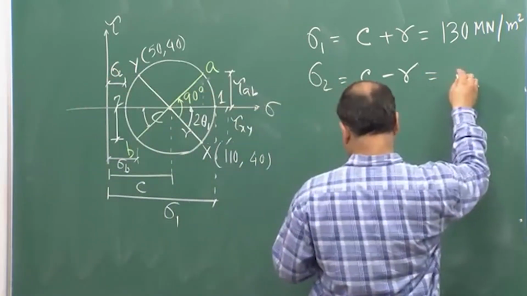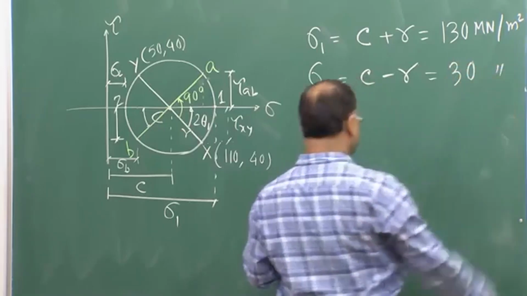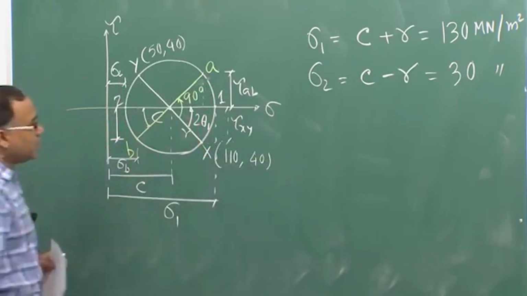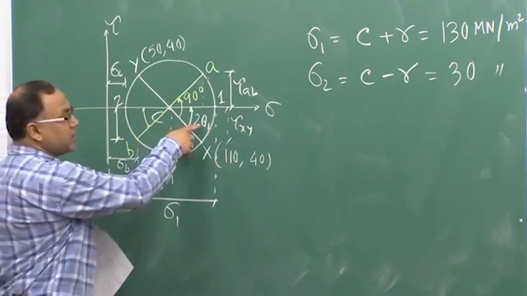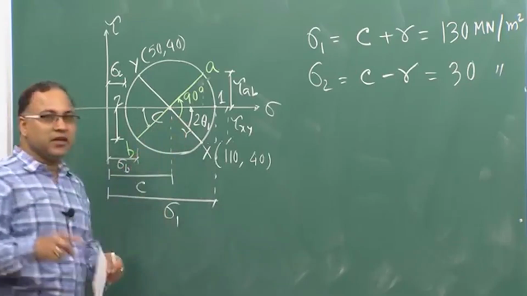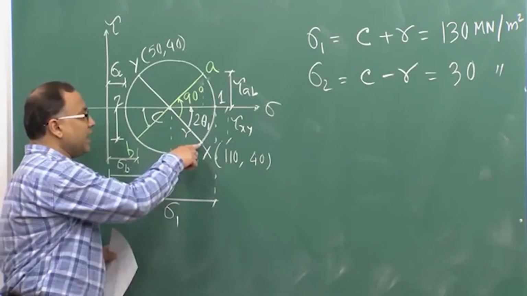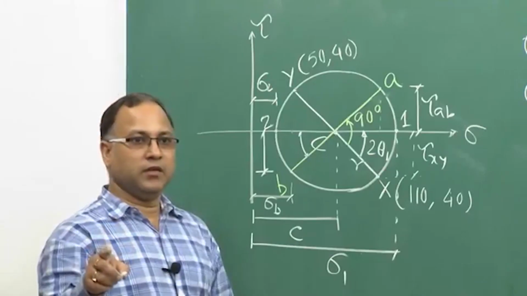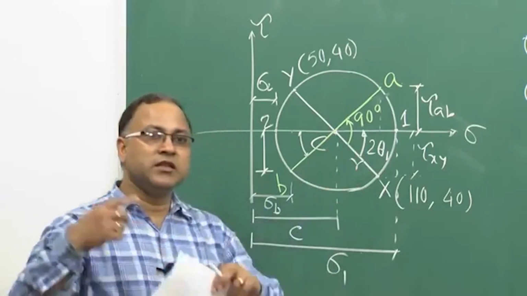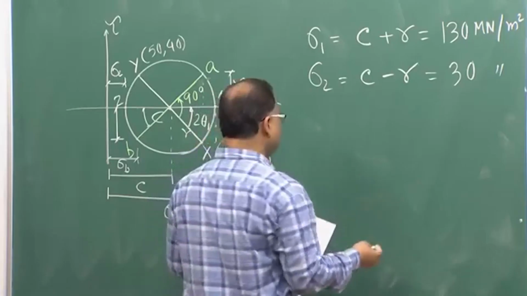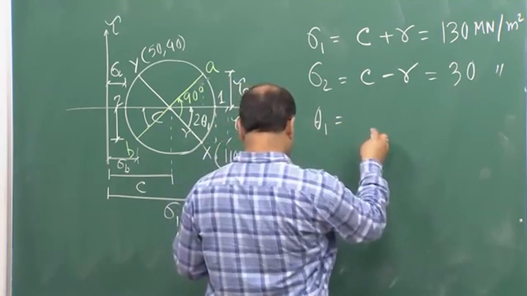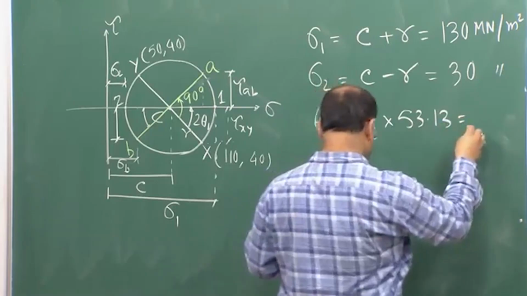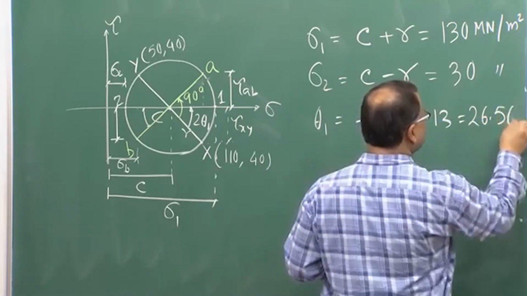So, that is coming as 30 meganewton per meter square, and I know twice theta 1 is known to me, right. What is twice theta 1? This angle is nothing but the angle made between the x axis and the major principal stress axis, that means axis 1. So, in the stress plane this is twice theta 1. In the physical plane it will be theta 1. So, theta 1 value is half of 53.13, which is 26.56 degree.